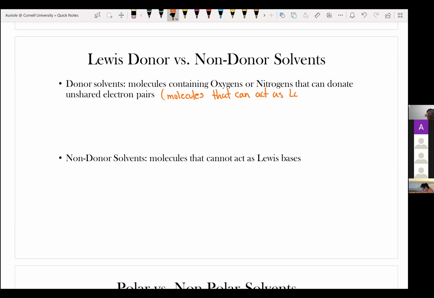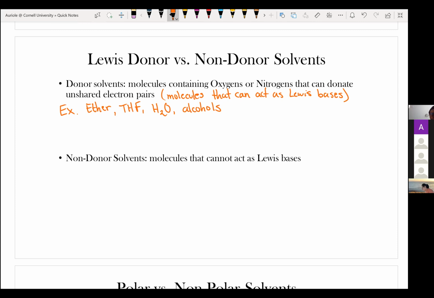So if you remember your Lewis base definition. Some examples of these donor solvents are things like ether, THF, H2O, and alcohols again.